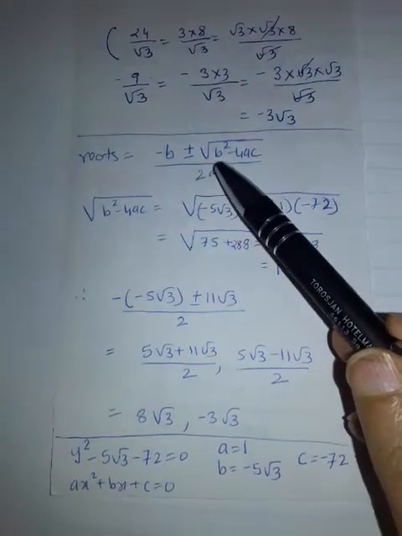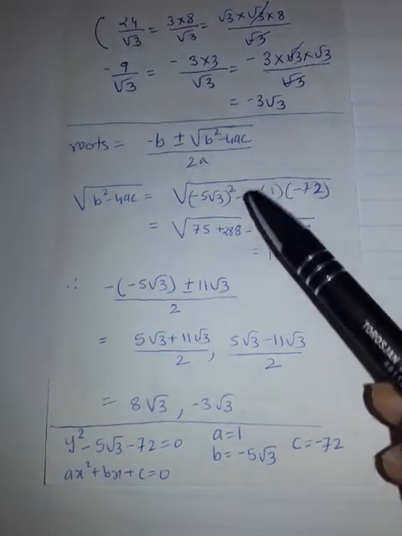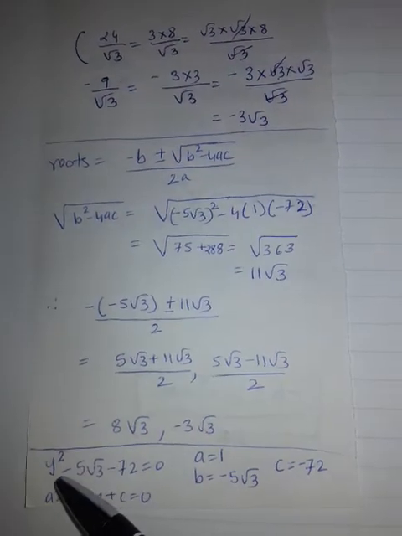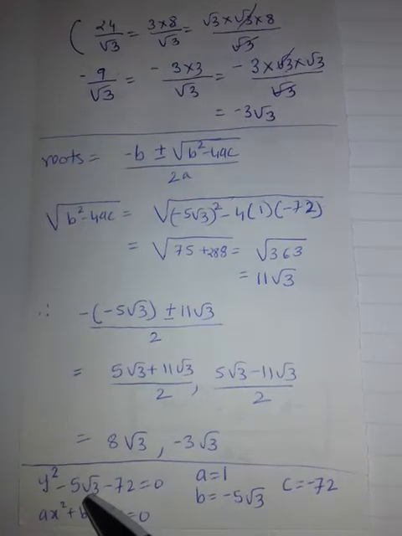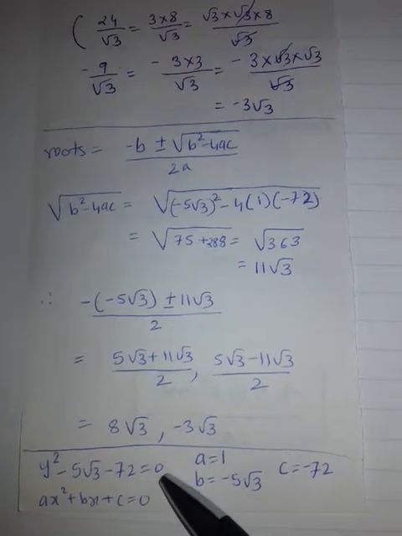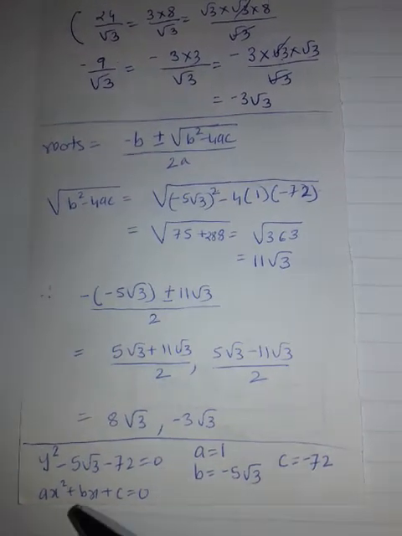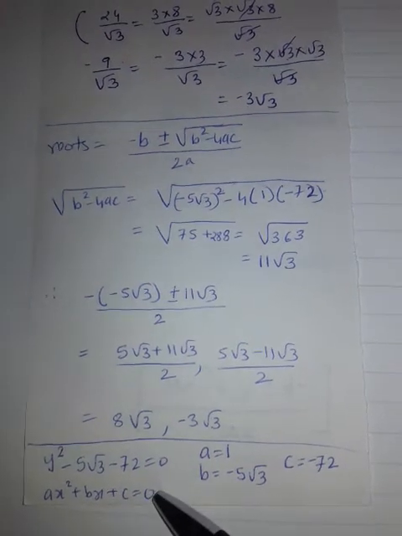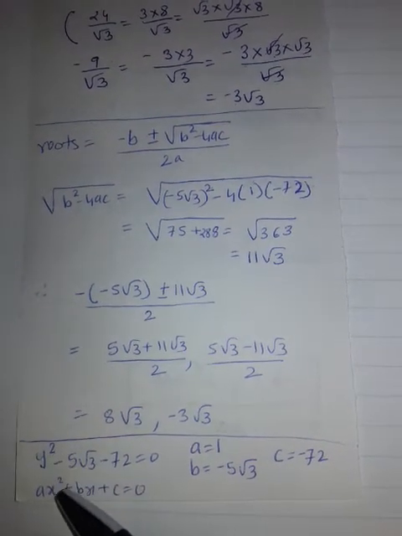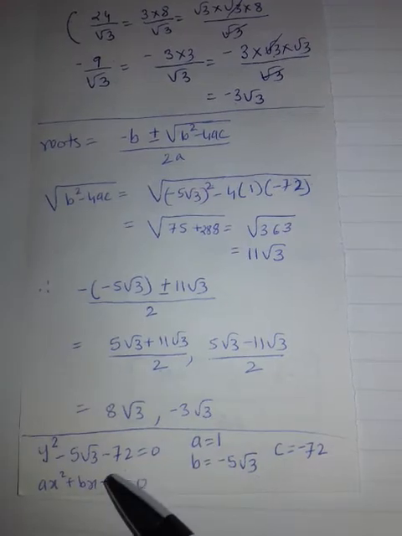Now we have learned this formula for roots. How to apply it? The given equation is y square minus 5 root 3 y minus 72 equal to 0. I'm going to compare it with ax square plus bx plus c. So what will be a here? A will be 1.